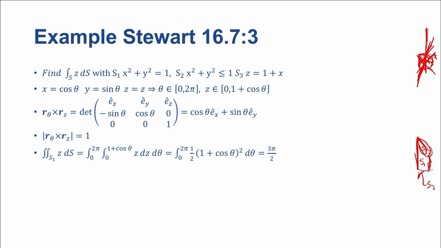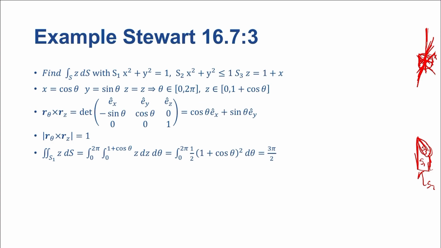The first surface integral is along the side. If we take the surface integral along the side, we get the integral between 0 and 2 pi, then the integral between 0 and 1 plus cosine of theta of z dz d theta. This is an integral we can do well, but then we end up with the integral between 0 and 2 pi of 1/2 times (1 plus cosine theta) squared d theta.